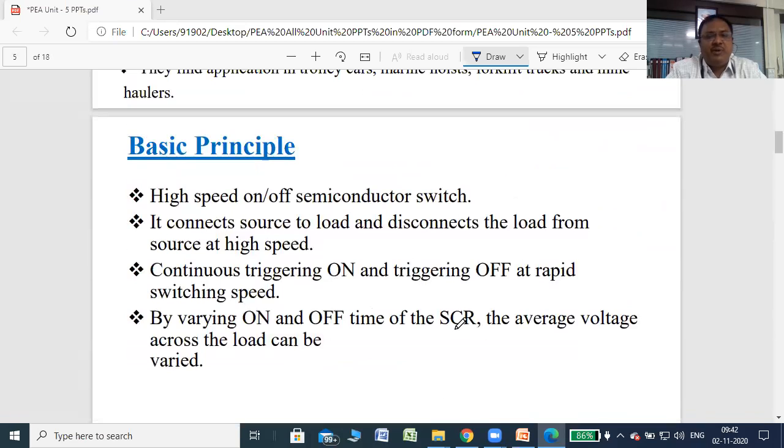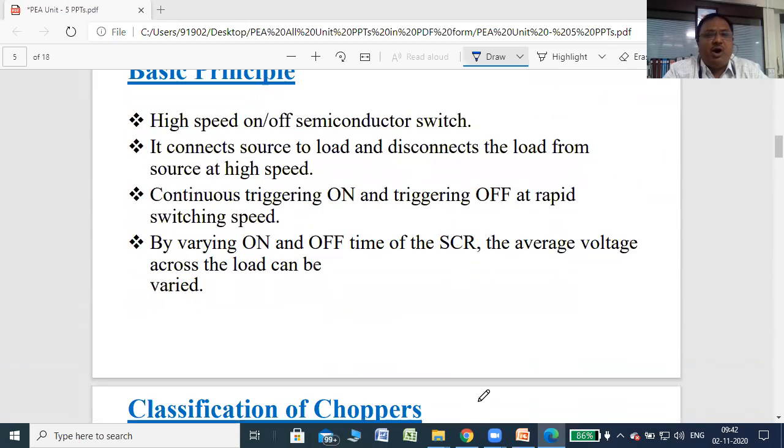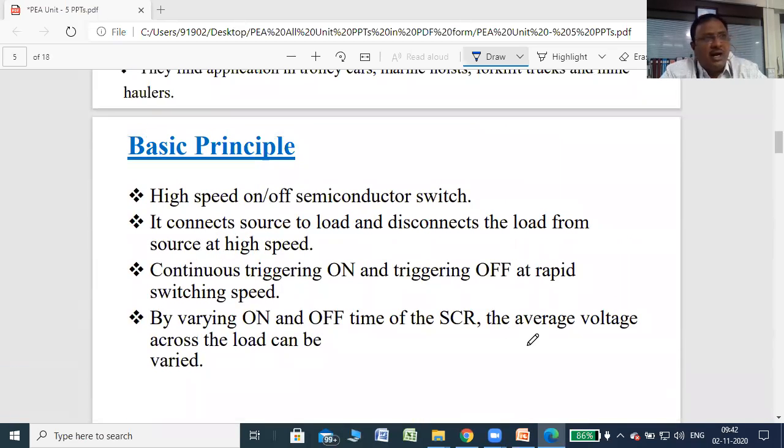Then the basic principle: a high speed on-off semiconductor switch is used in the circuit, and that switch is operated at variable frequency so that you will get a variable output voltage. It connects the source to the load and disconnects the load from the source at high speed, continuously triggering on and off with rapid switching speed.